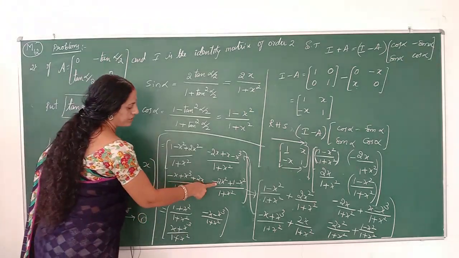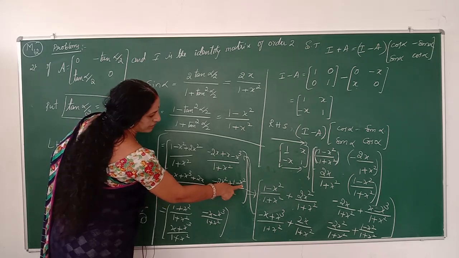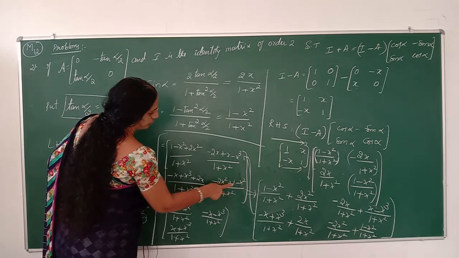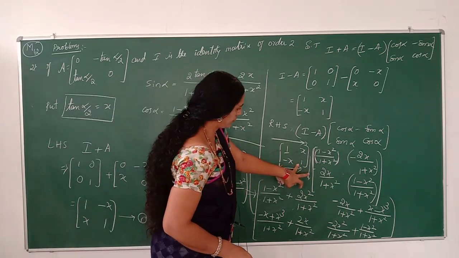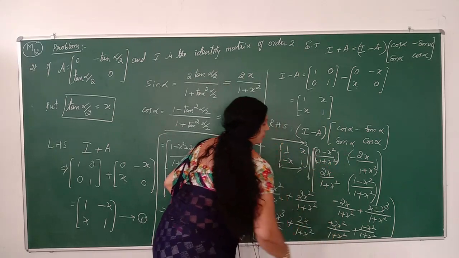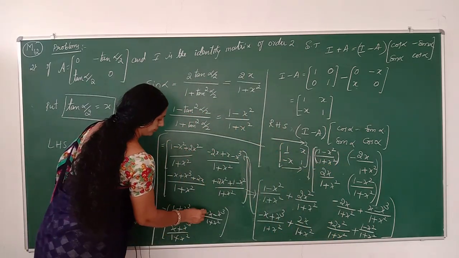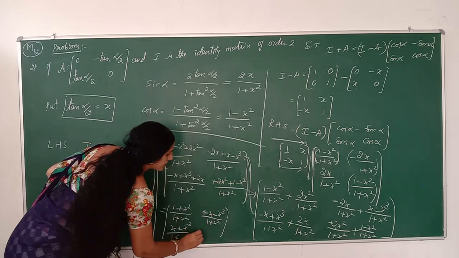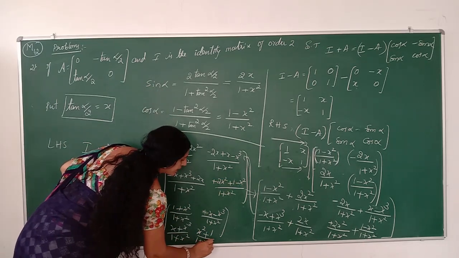And the last element, minus 2x square plus 1 minus x square, plus 2x square minus x square is x square plus 1 divided by 1 plus x square.